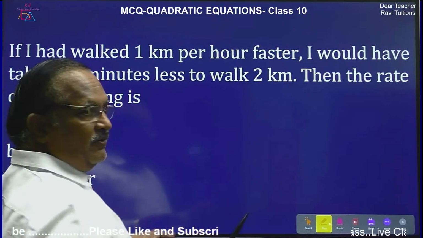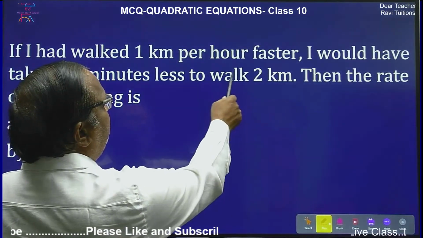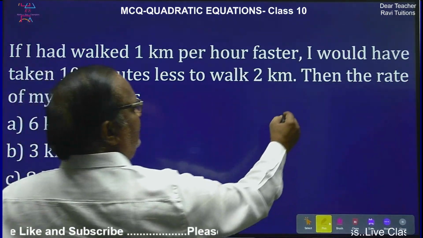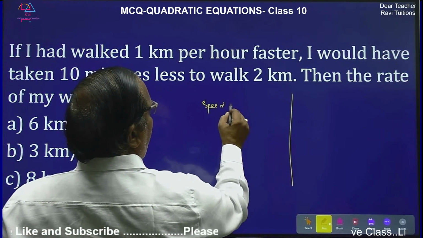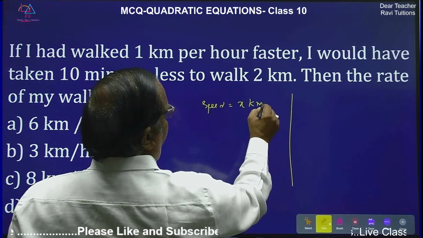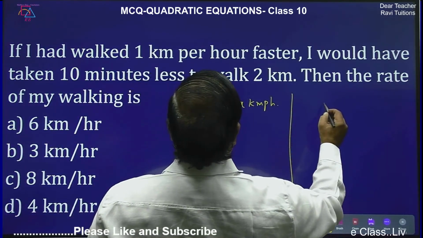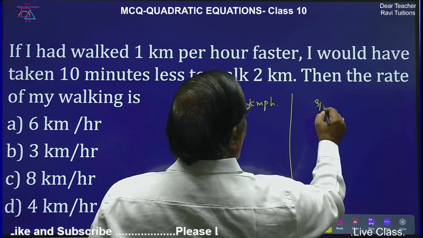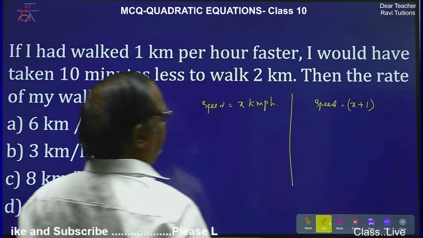So we have to bring a variable in this. 1 kilometer per hour faster. So the original speed is equal to x kmph. Okay. Now the changed condition, 1 kilometer faster, that means x plus 1 kilometer.